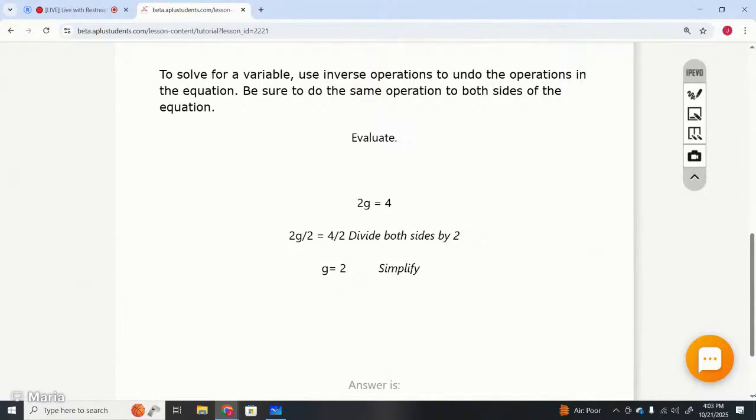2g equals 4. Divide both sides by 2. So g equals 2.